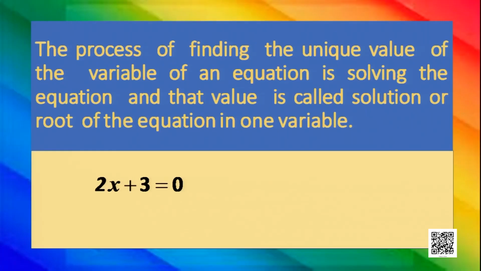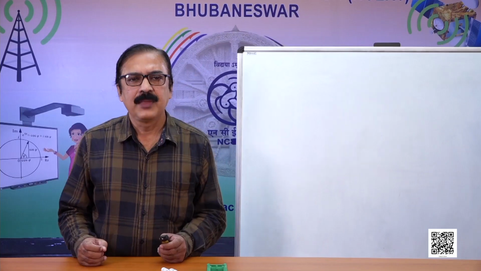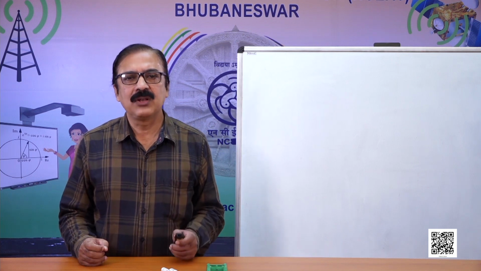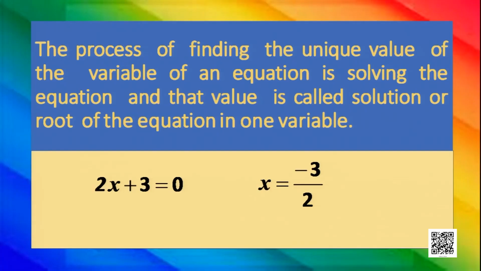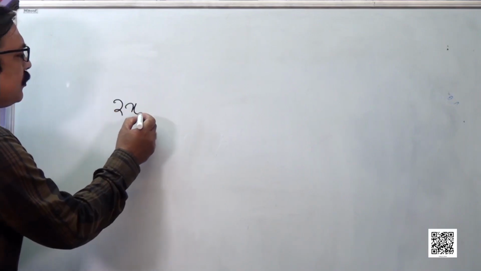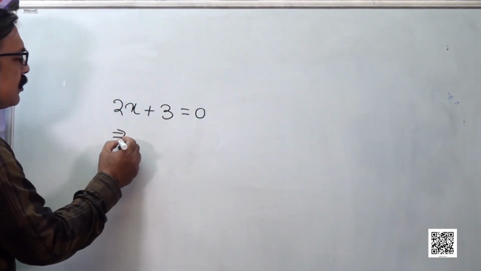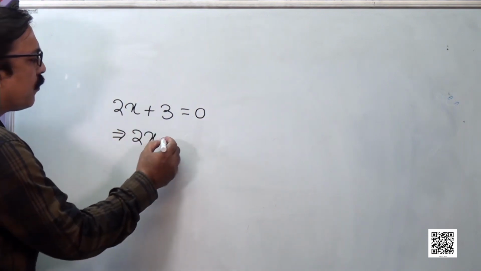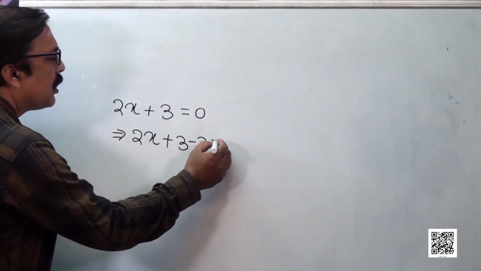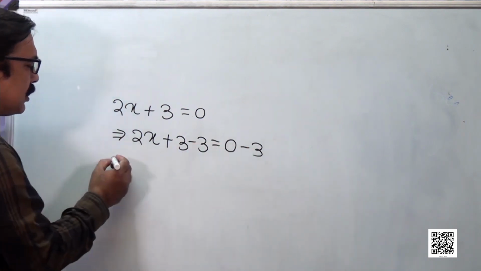Okay, let's see an example. 2x plus 3 is equal to 0. This is an equation, a linear equation, and in one variable. What is its solution? Its solution is x is equal to minus 3 by 2. How to solve it? Let's see how we get this x equal to minus 3 by 2. 2x plus 3 is equal to 0. This gives 2x plus 3 minus 3 is equal to 0 minus 3.